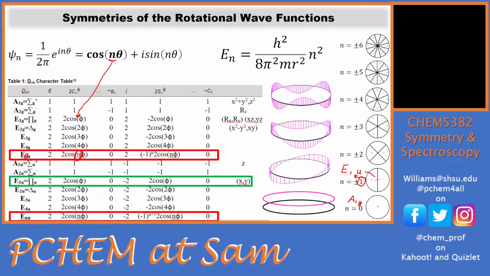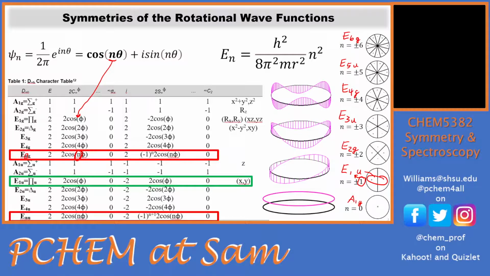And the u we get from looking at the symmetry of the wave function. And then the next one is going to be E2, and it's a g. And then E3, u, E4, g, E5, u, E6, g. And on and on and on, okay, as we go.